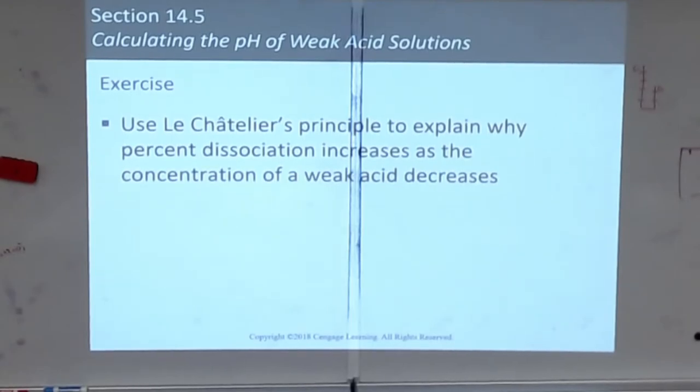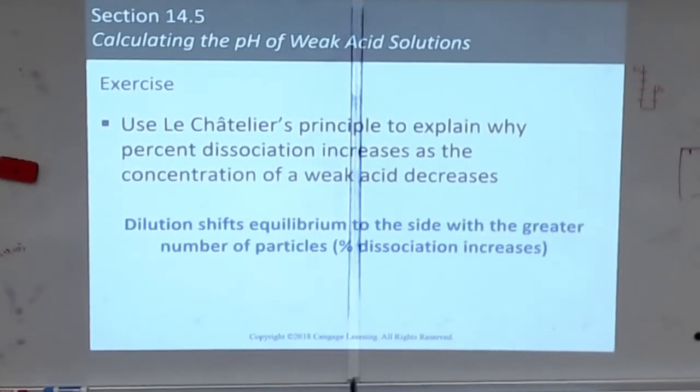That's exactly it. Yep. We're going to shift it to the side with the greater particles as the percent dissociation increases.